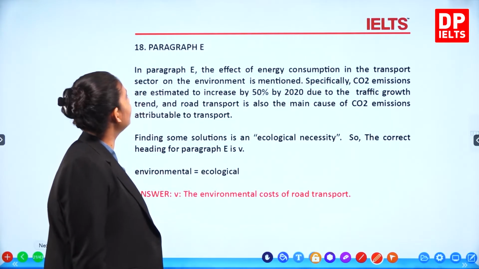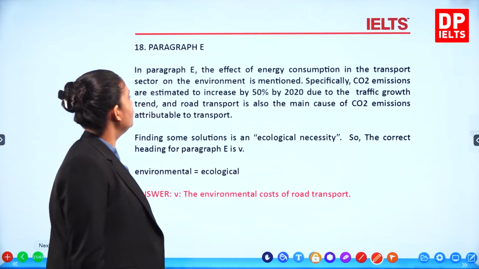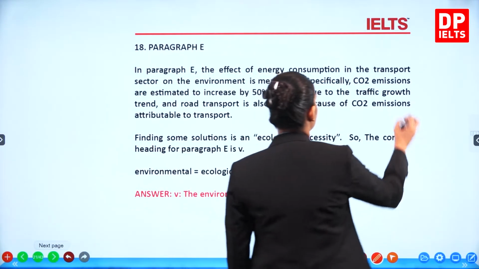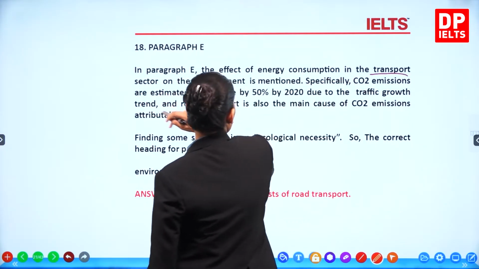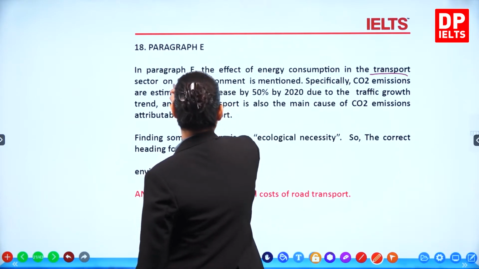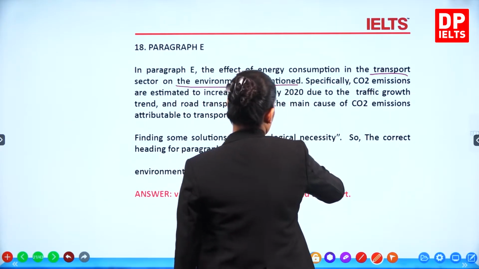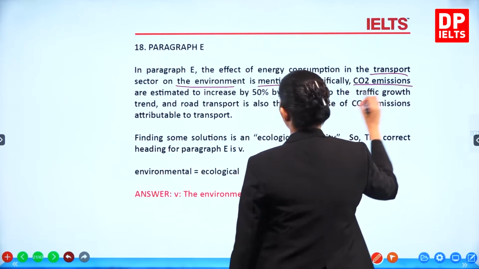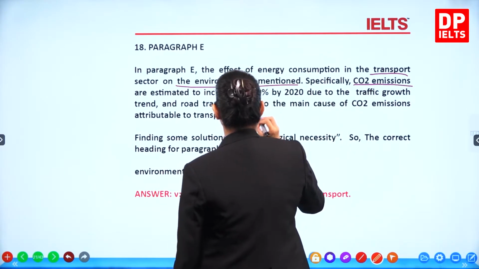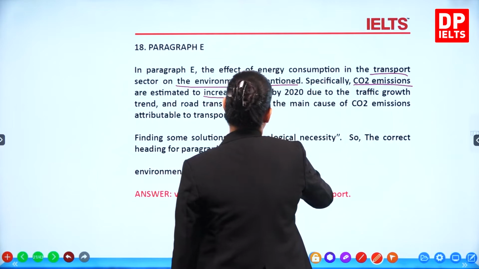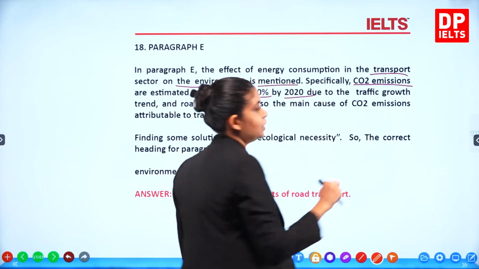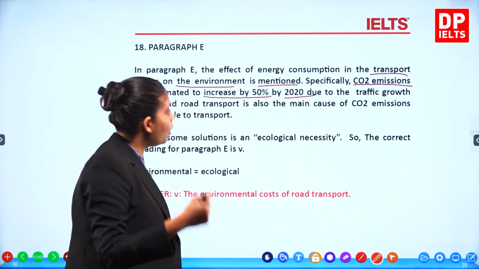Right, para E. The effect of energy consumption in the transport sector on the environment is mentioned. Specifically, CO2 emissions are estimated to increase by 50% in 2020. Why is this?